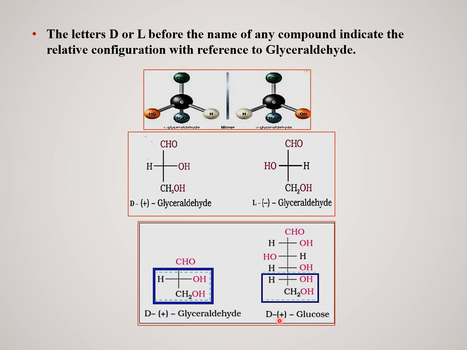So let us again remember, D is the arrangement of the OH group on the fifth carbon atom on the right side, very similar to what is seen in D-glyceraldehyde. So the configuration is called D. Plus indicates the molecule of glucose rotates the plane polarized light in the clockwise direction. That is, it is dextrorotatory.